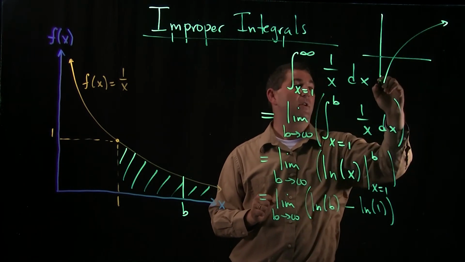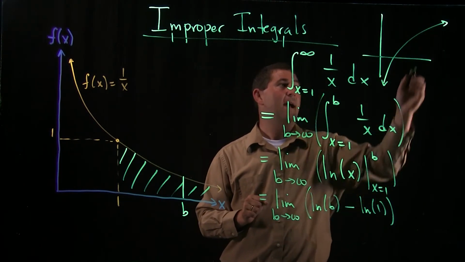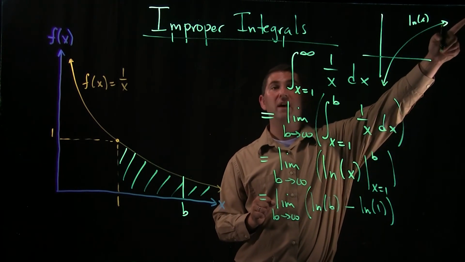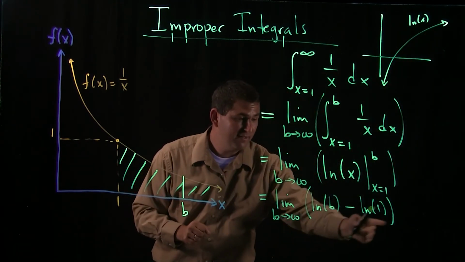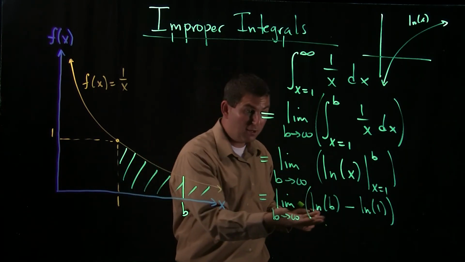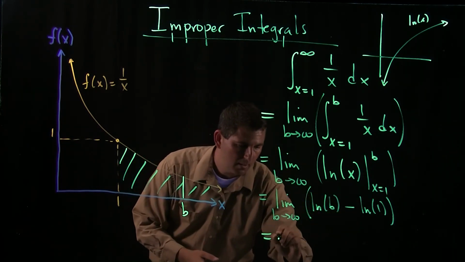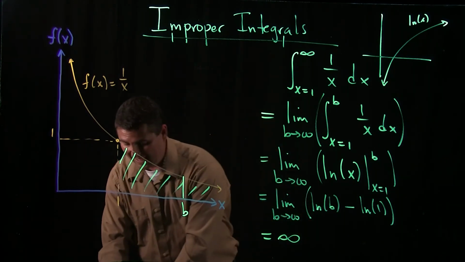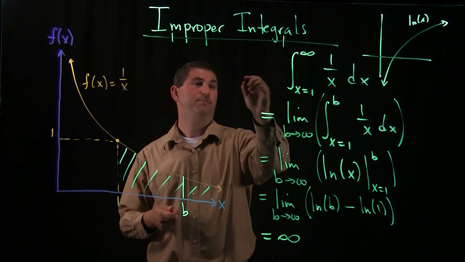Natural log function is going to look something like that. Now, as b goes to infinity, this just blows up. So this guy is not going to become some finite number like 1. It's going to infinity. So in this case, we're going to say that this integral diverges.